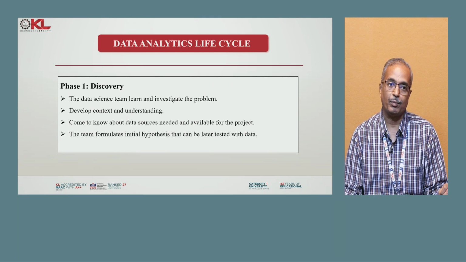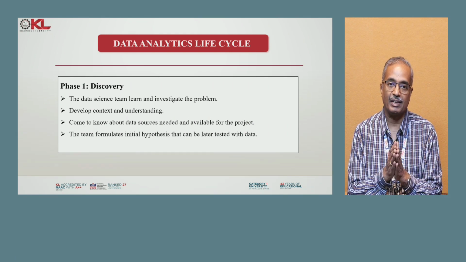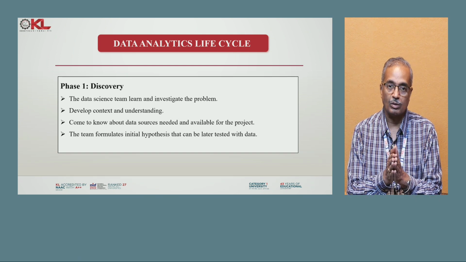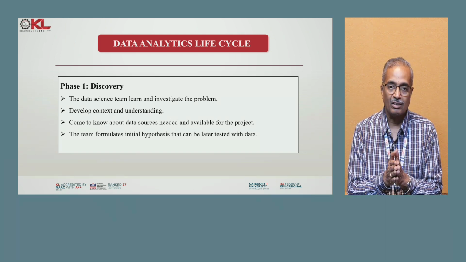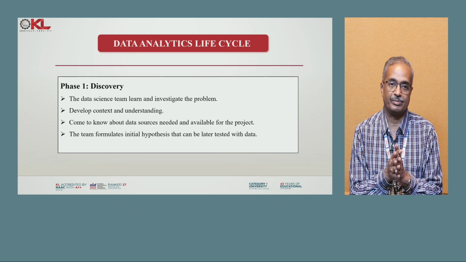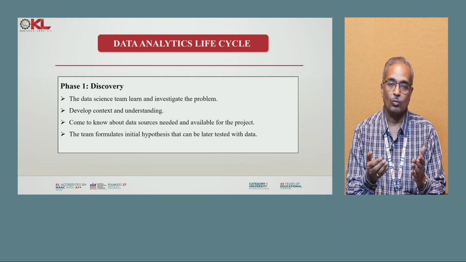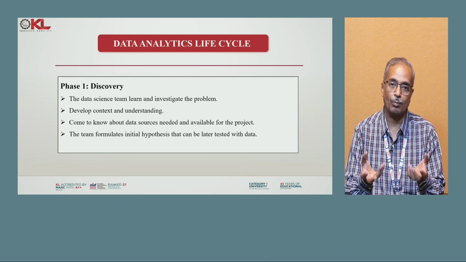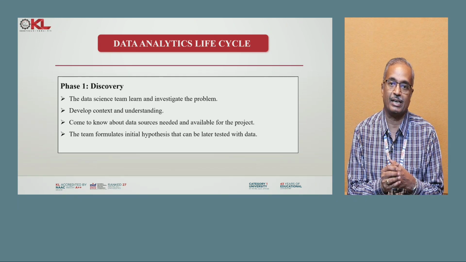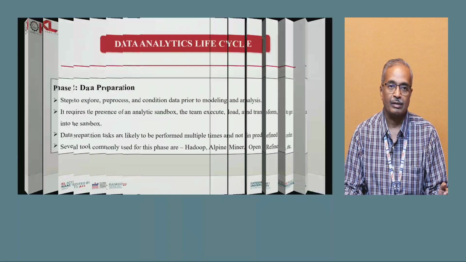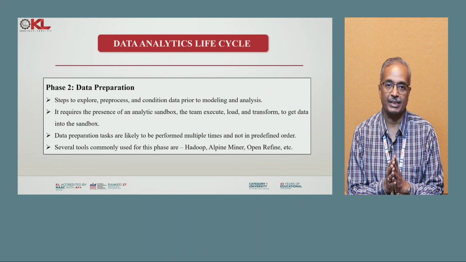First of all, we have to know the problem or need the stakeholder requires. Once we get that, the data science team can investigate this problem, because first we have to know what the need of the stakeholders is.